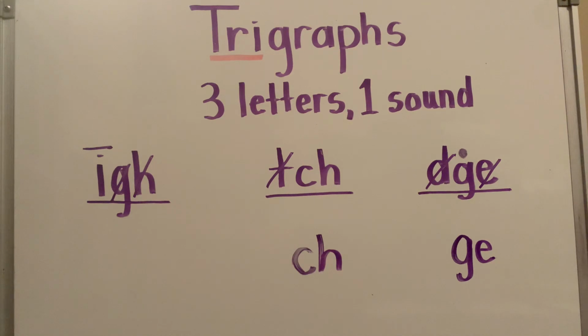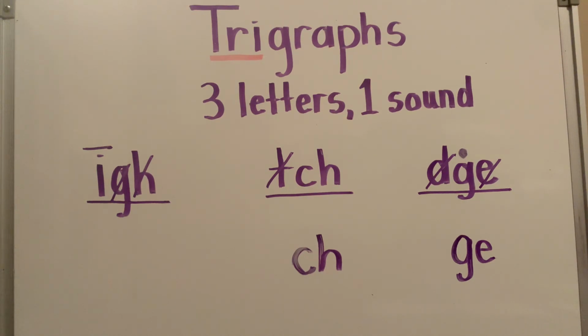Why could that be a problem? Right, because if you hear them, they're making the same sound, so how do you know which one to use? Of course, we have a rule for that. Thank goodness, because otherwise it would get really tricky.